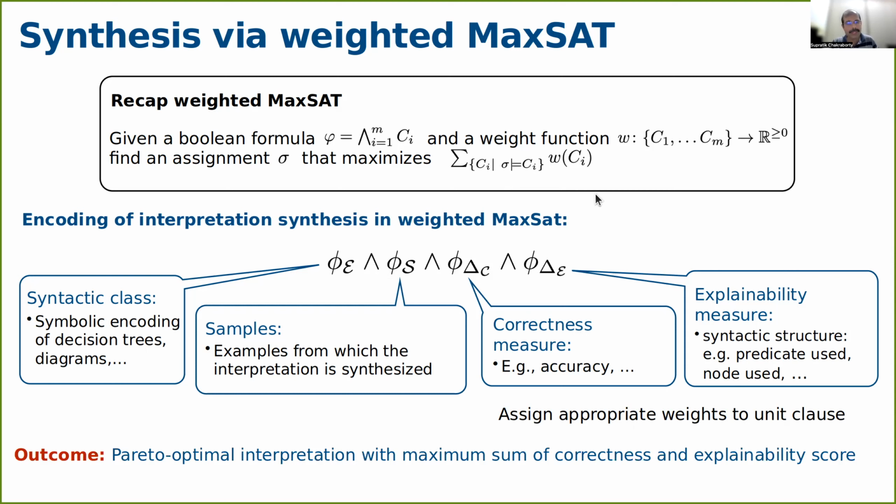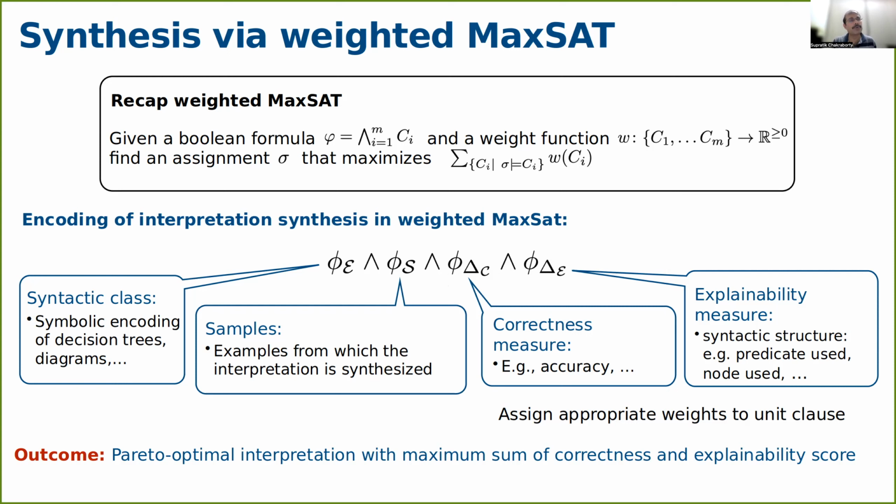So a solution which gives the maximum sum of the correctness and the explainability score. Here I'm having something that is encoding the correctness score, and something that is encoding the explainability score, and the thing I'm trying to optimize is the sum of the weights of satisfied clauses. So I'll effectively end up maximizing the sum of the correctness score and the explainability score. If my correctness and explainability scores are non-negative, anything that maximizes the sum is necessarily a Pareto-optimal interpretation.